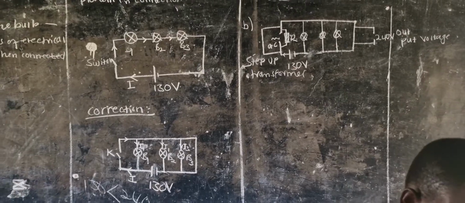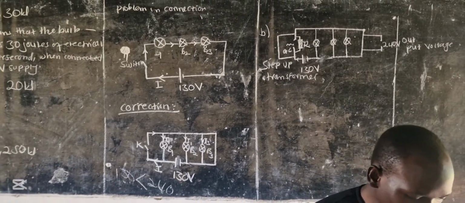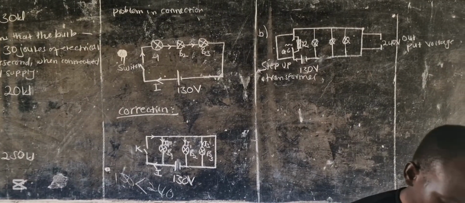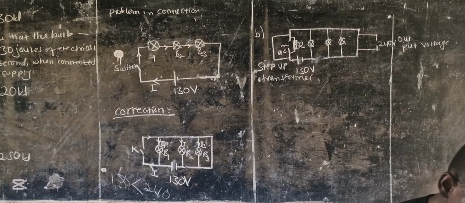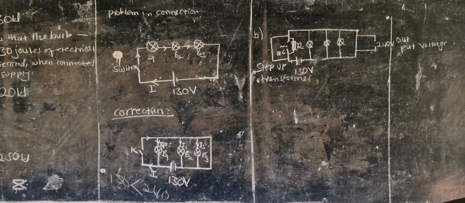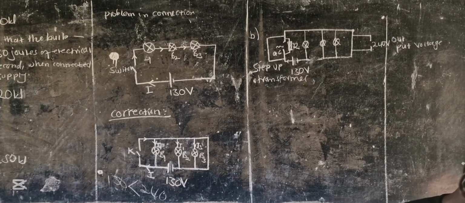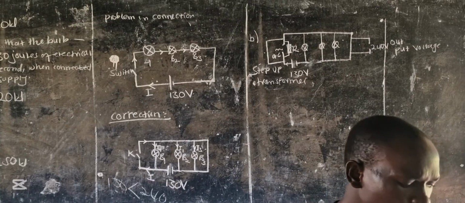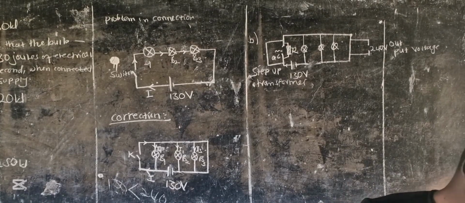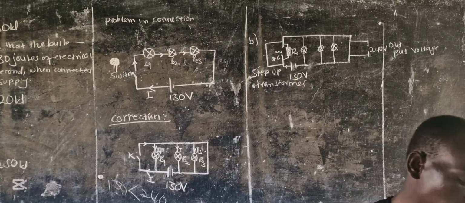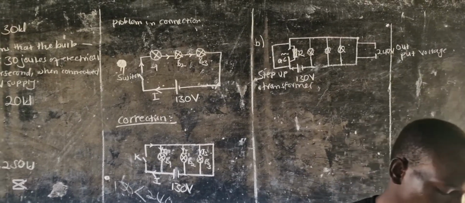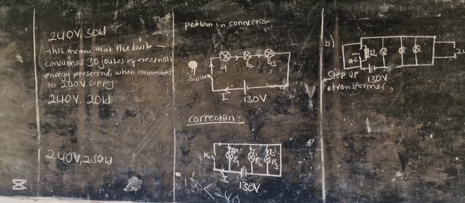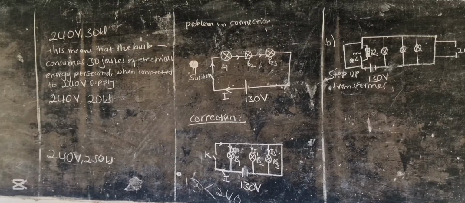If one unit costs 950, then what is their bill if the bulbs remain on the whole day? So one of the parents was paying a much bigger bill though they had the same number of bulbs. The connection was not the same, and even maybe the time of switching on the bulbs was very different.